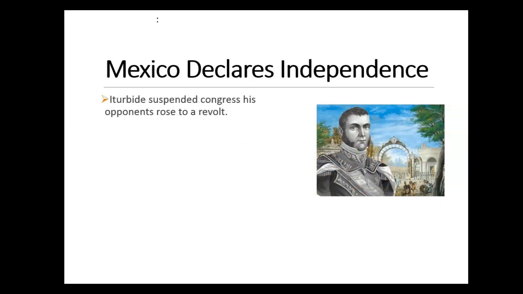Iturbide was unable to cope with the problems of the new nation. Furthermore, Iturbide's acquiring of the monarchy was repugnant to many. Then, with Iturbide suspending Congress, his opponents rose in revolt.